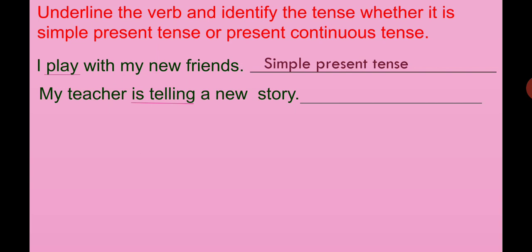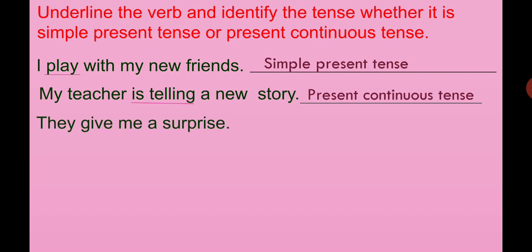The helping verb, verb to be, is there. So is telling is the verb, and if the sentence has is, am or are and the ing form of the verb, the sentence is in which tense? Yes, present continuous tense. Understand?